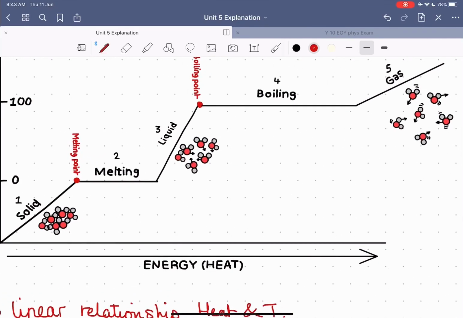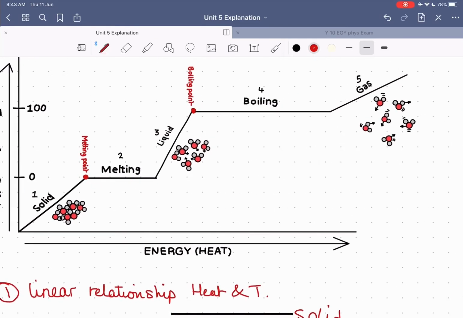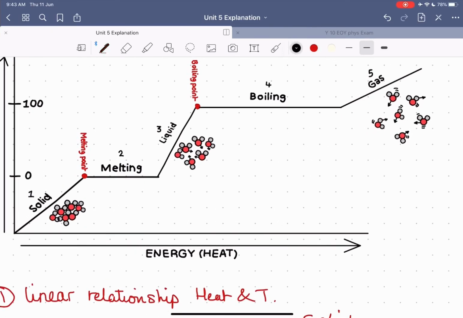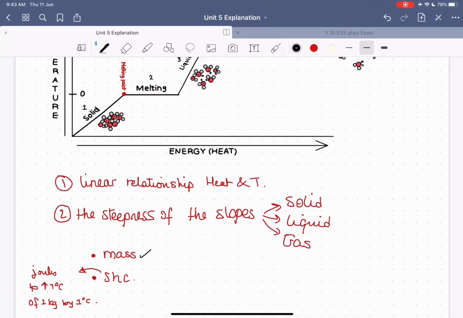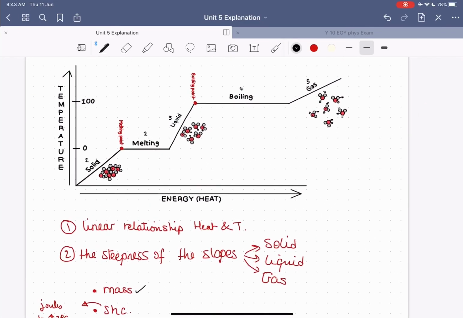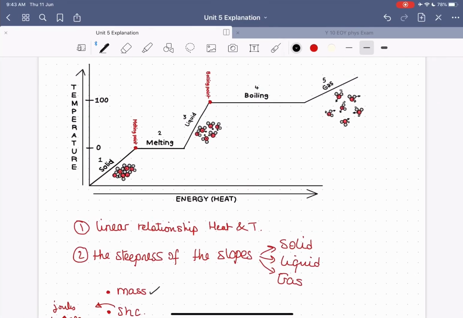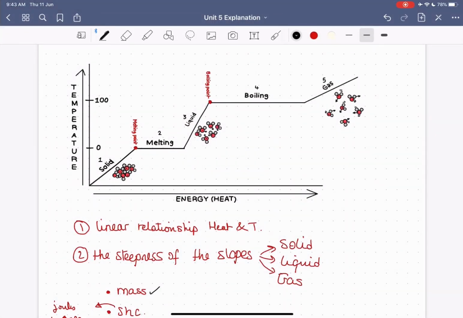Okay, so let's see which factor here affects the steepness of the slope. If I count how many particles I have to see whether the mass will change or not, you can see that we have 1, 2, 3, 4, 5, 6, 1, 2, 3, 4, 5, 6, 1, 2, 3, 4, 5, 6. So the mass remains the same, which is very logical, because we are not changing the mass of the system, we're just changing the arrangement of the molecules in the system.